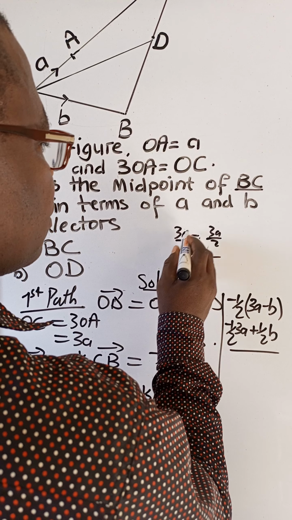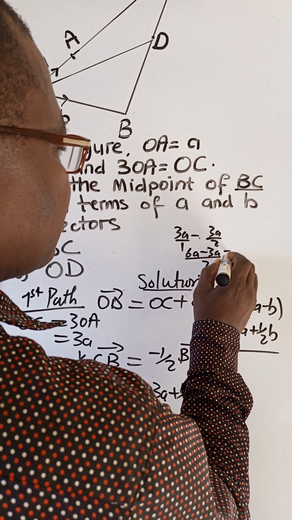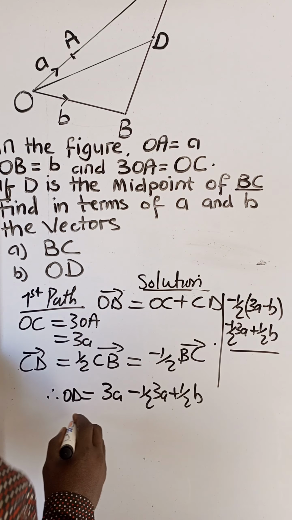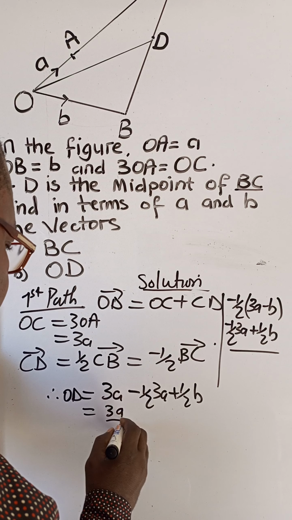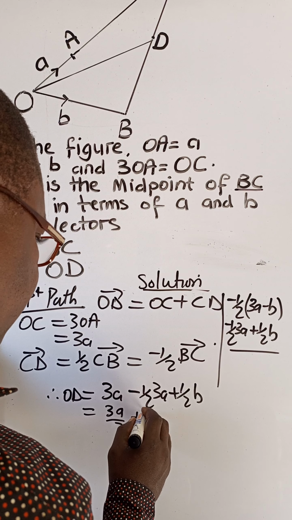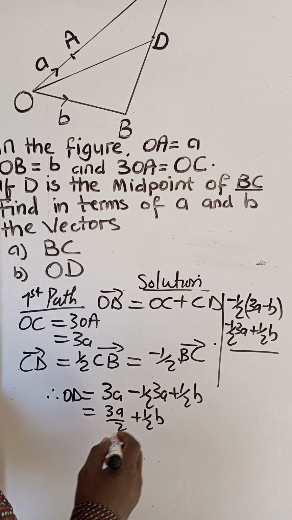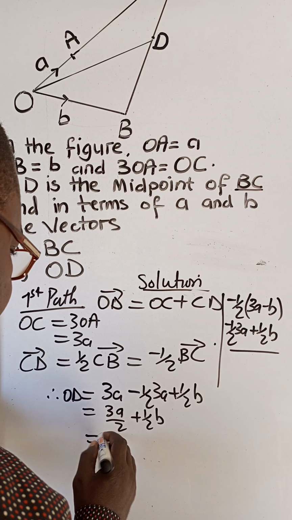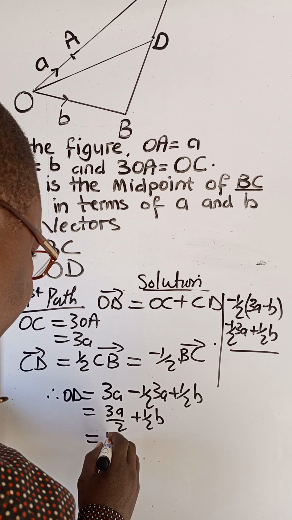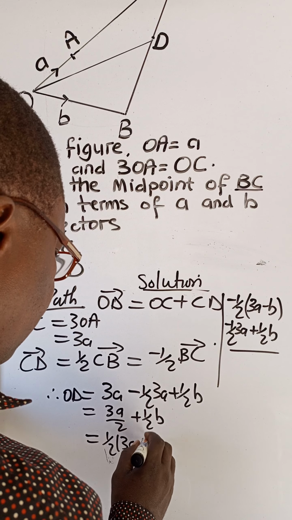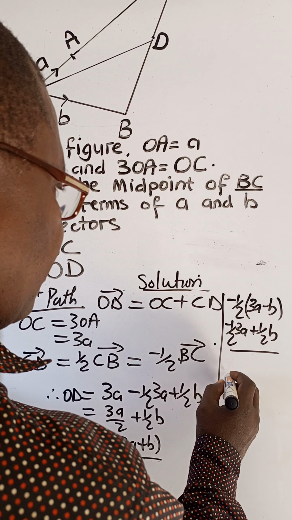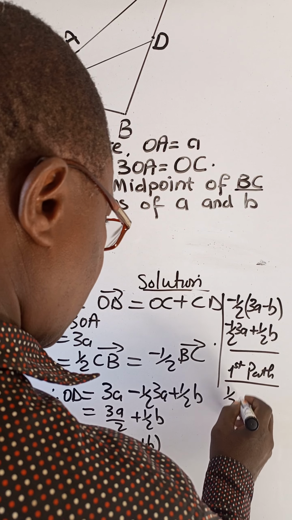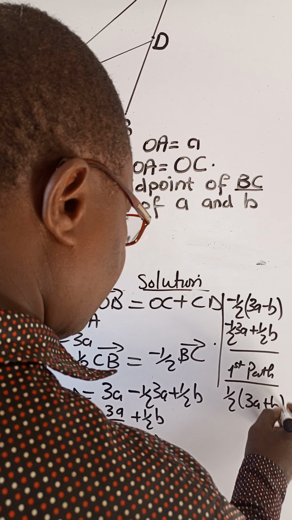The LCM is 2, so we have 6a minus 3a, which gives us 3a all over 2. So we have 3a all over 2 plus half b. Since half is common, we can factorize out the half: half into 3a plus b. So the first part gave us half into 3a plus b.